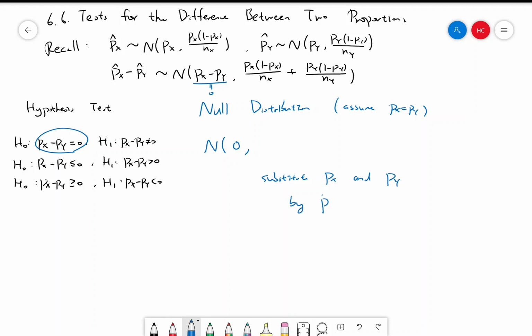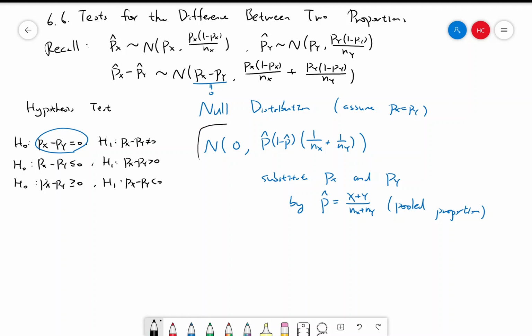It's called p hat, which is defined to be (x plus y) over (n_x plus n_y). This is called the pooled proportion. So the new variance for the null distribution is going to be p hat times (1 minus p hat) times (1 over n_x plus 1 over n_y). So this is the null distribution we're going to use to solve for p-values.